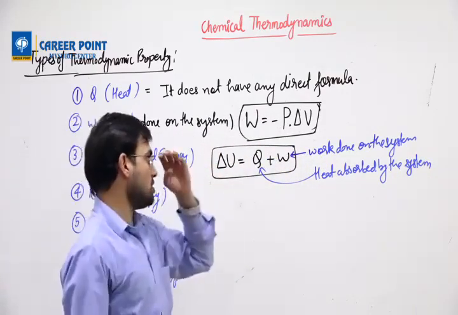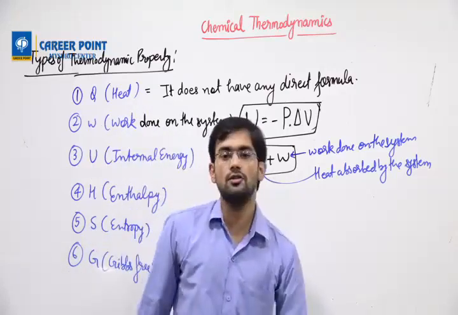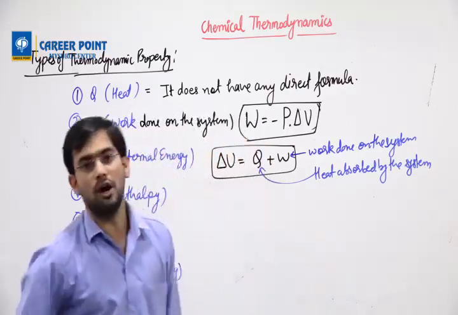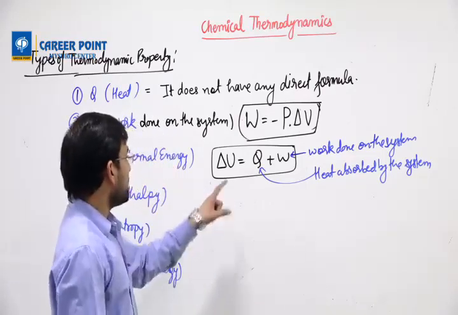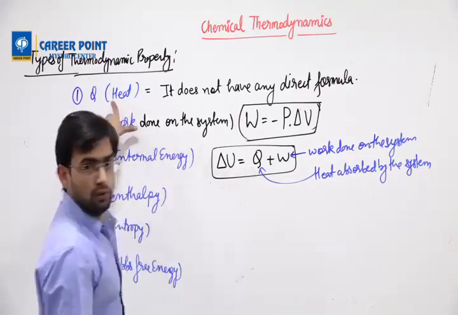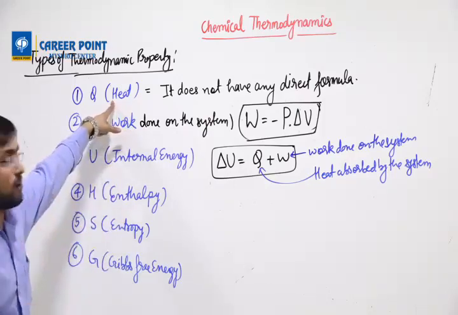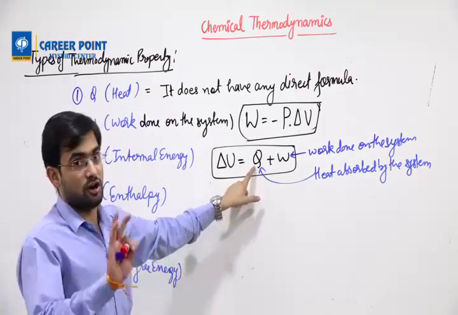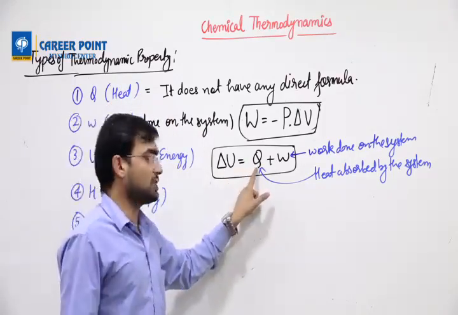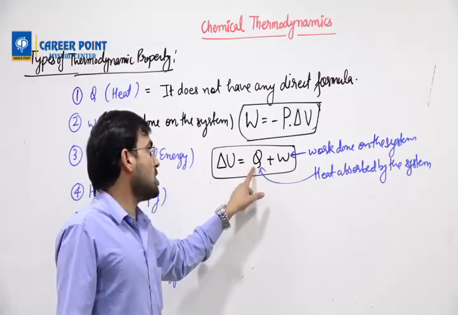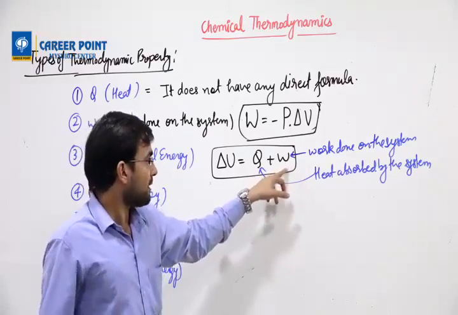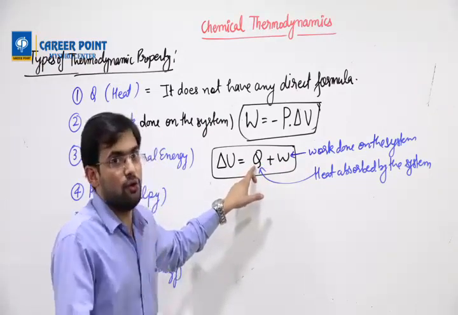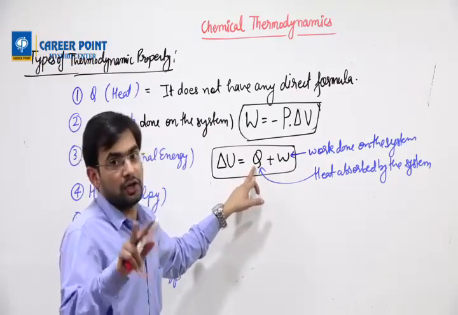So delta U equals to Q plus W, work done on the system and heat absorbed by the system. So if you want to find Q, I told you there is no direct formula. Q equals to delta U minus W. It means to find Q, you always need to know two things.